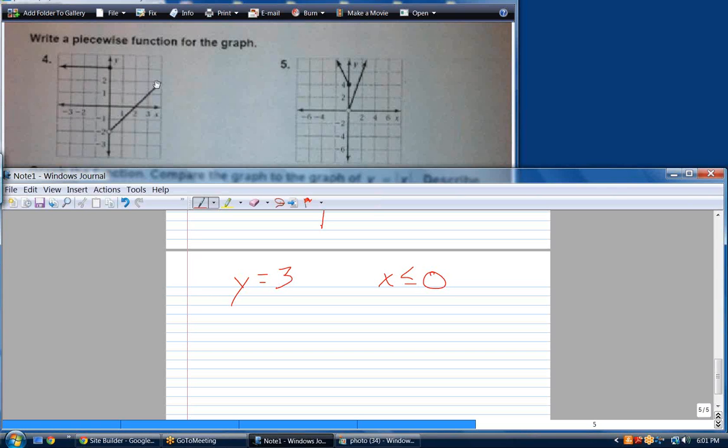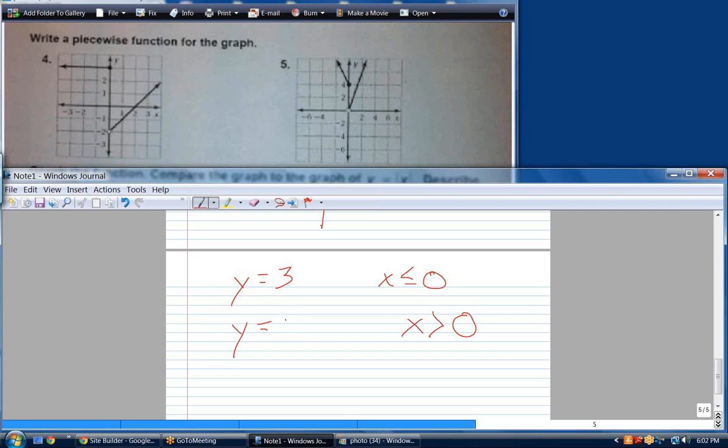Now let's look at this part of the function. How could I define that? In other words, y equals something else when x is greater than 0, and not greater than or equal to, just greater than, because it's got an open dot there. So on this part, what is the y-intercept?